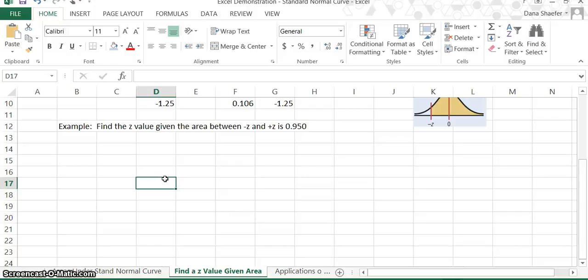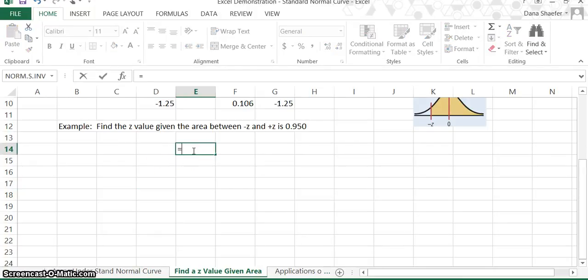Now what happens is I need to look at this one in the case that I'll say 1 minus 0.950. So that's the remaining. That's the unshaded area. Because it's centered at the mean, I have half of that area in the left tail and the other half of the area in the right tail.